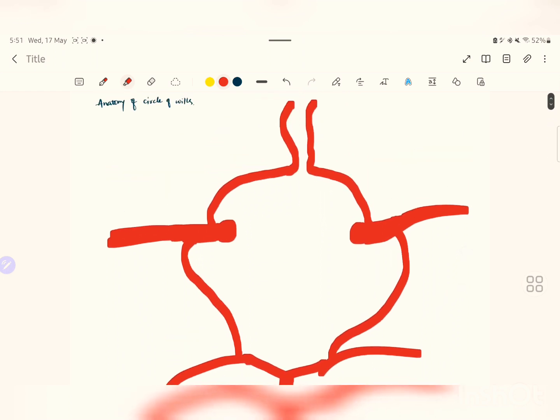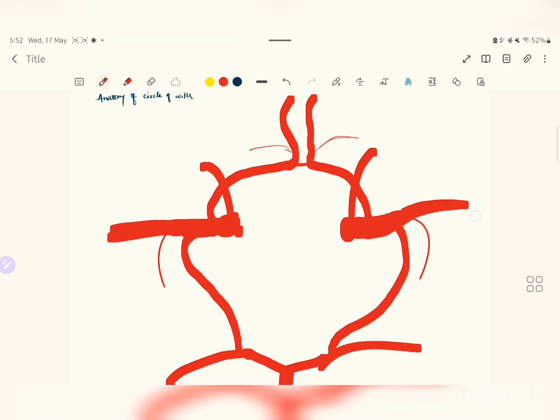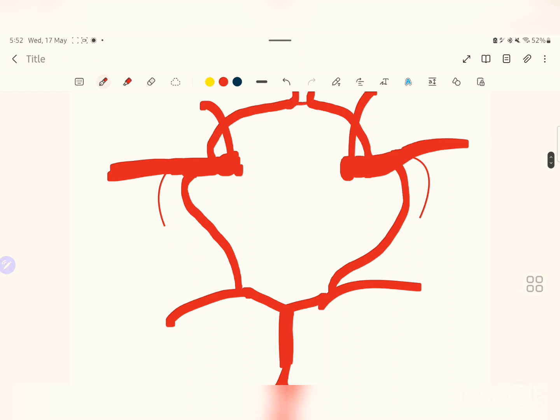So the anterior portion of circle of Willis is formed by left and right anterior cerebral artery, left and right internal carotid artery, left and right middle cerebral artery with anterior communicating artery that is present between the left and right internal carotid artery, and the posterior part of circle of Willis is formed by both left and right posterior communicating artery with its anastomosis with the bilateral posterior cerebral artery.